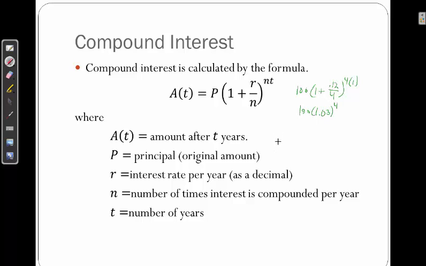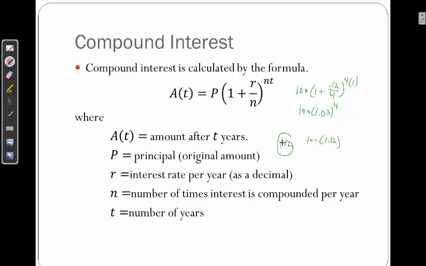And let's compare that with what I get from just adding 12% at the end of the year. Well, I know what that would be. I'd get 112. But it would be 100 times 1.12 would be how you calculate it. But yeah, I have 112 at the end of the year with just simple interest.